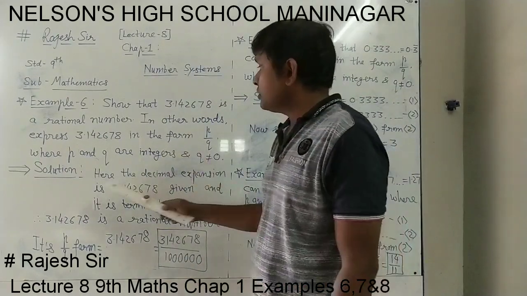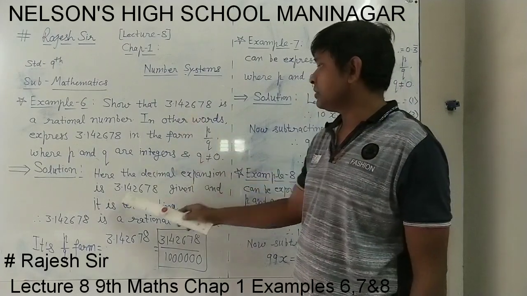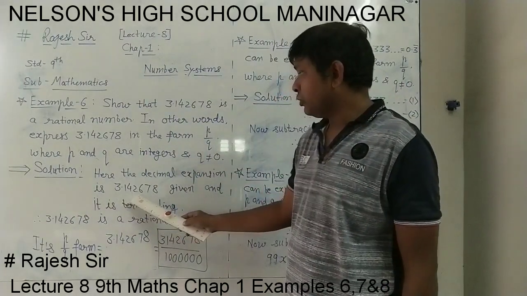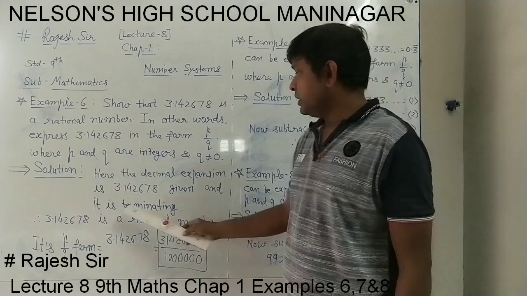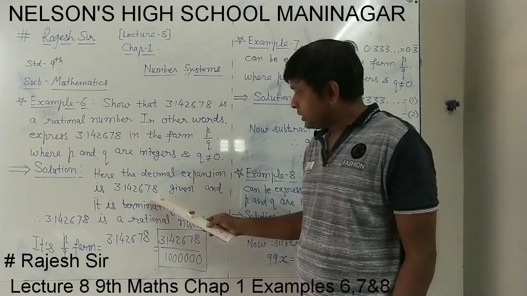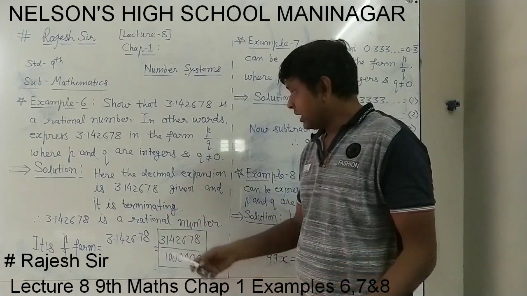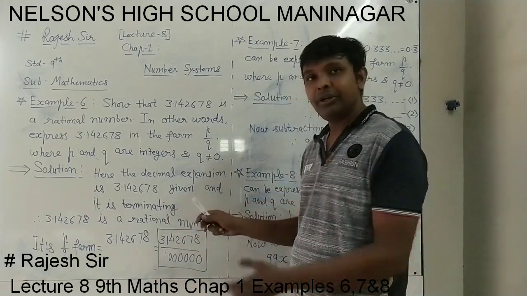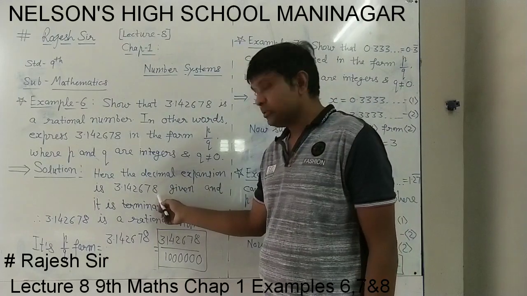So as we start the solution, here the decimal expansion which is given is 3.142678, and it is terminating. You can see it is clear that it ends on 8. After that no digits are there, not infinite, it is finite, having some end.